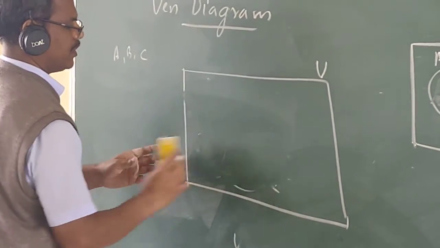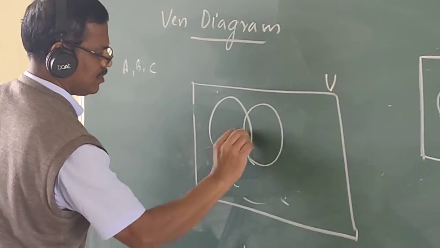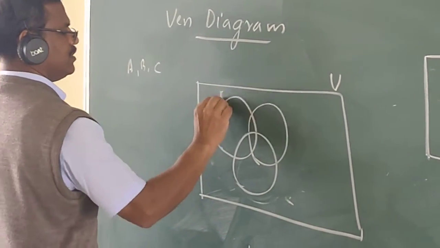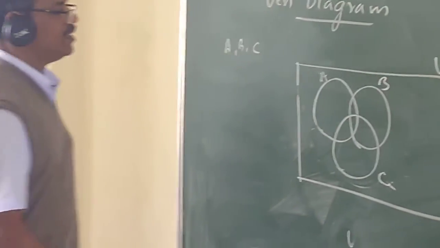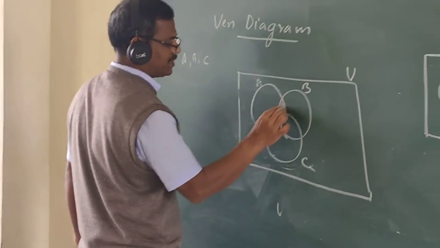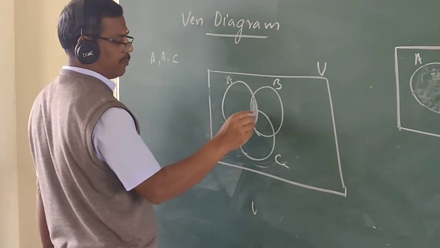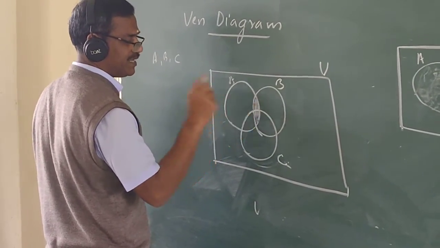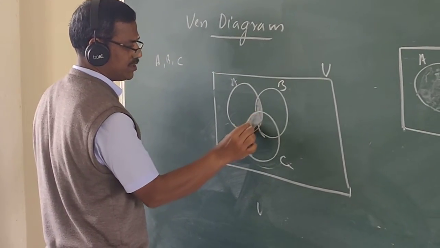Okay, I just draw it again. This is A, this is B, and this is C. Now, what is this portion? It is the common portion for A and B. I can say it is A intersection B. And what about this portion?